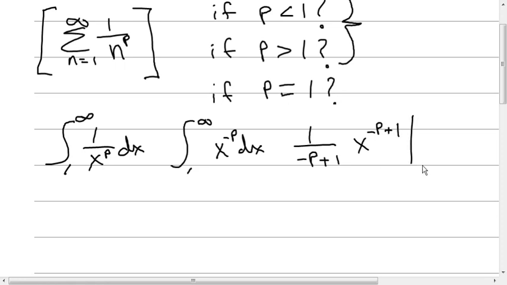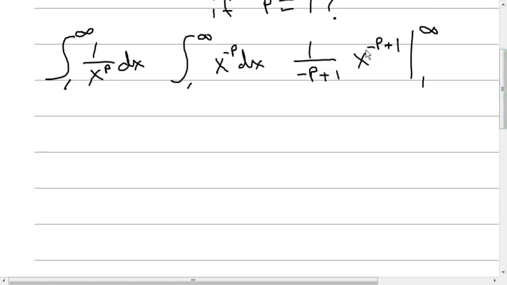This is going to be evaluated from 1 to infinity. I probably wouldn't leave it like that because those minus signs sticking out front are offensive to me. So I would write this as 1 over 1 minus p times x raised to the 1 minus p power, evaluated from 1 to infinity.